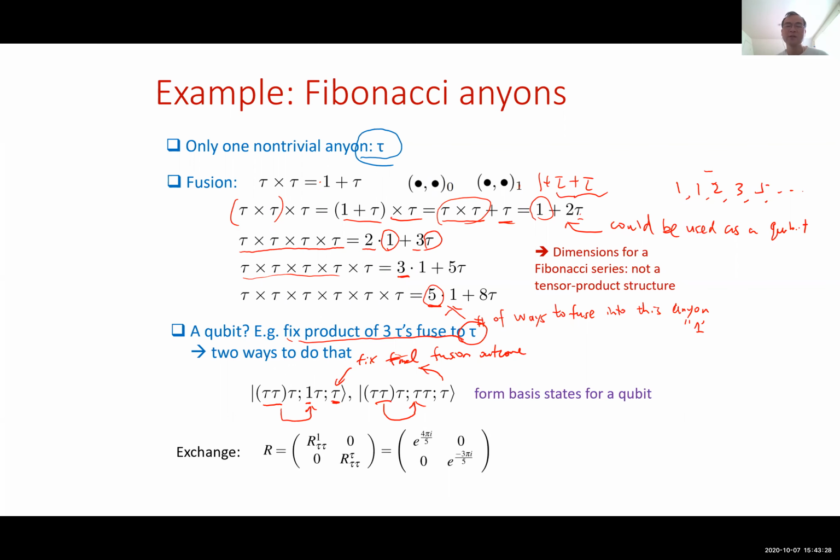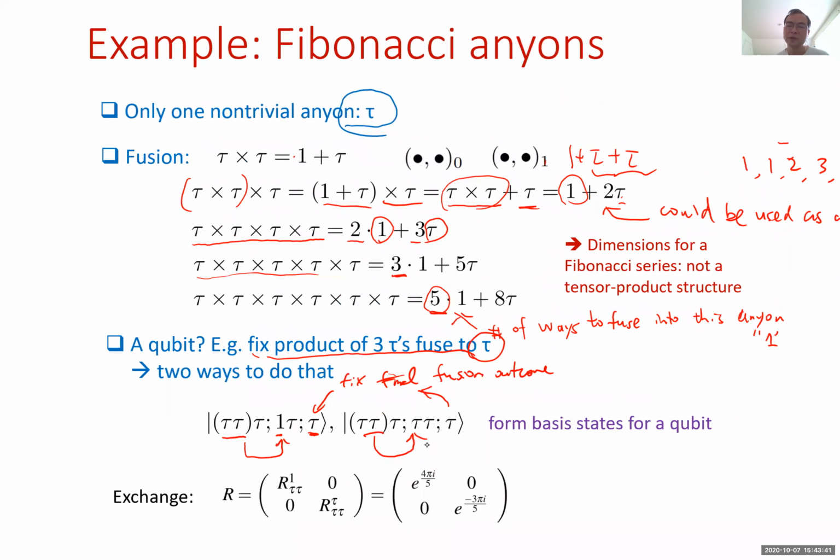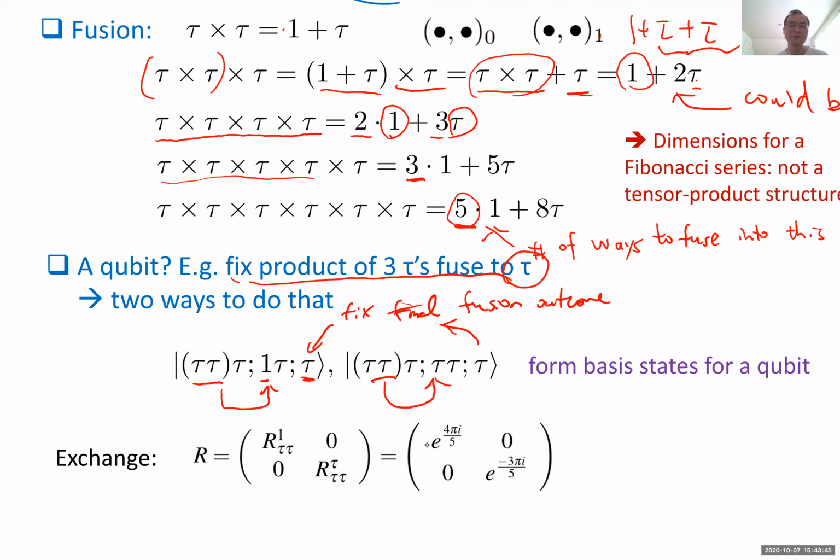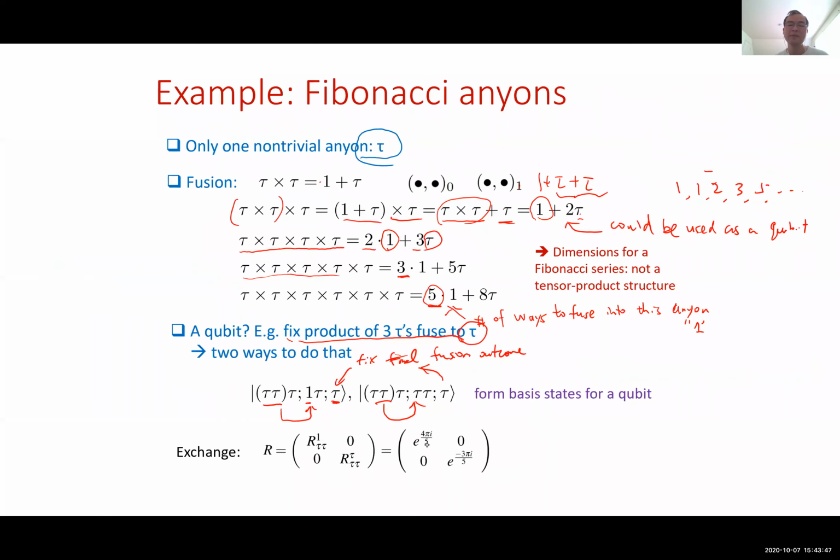So it turns out that the R, this exchange matrix, has this form. So it's e to the some pi over phi phase factor. Yeah. So it depends on the conventions.